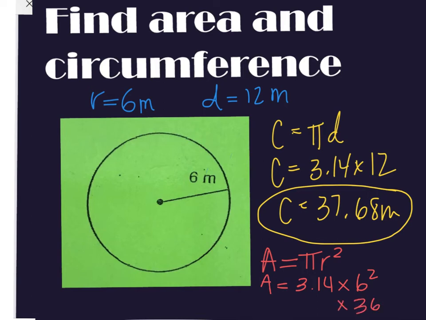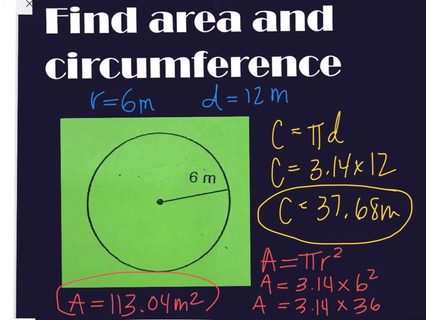We're going to do 36 times 3.14 to get our area, so type that into your calculator. And you should get that area is 113.04, and it's going to be meters squared because we're talking about area. All right, so that's how you find area and circumference when they give you the radius.